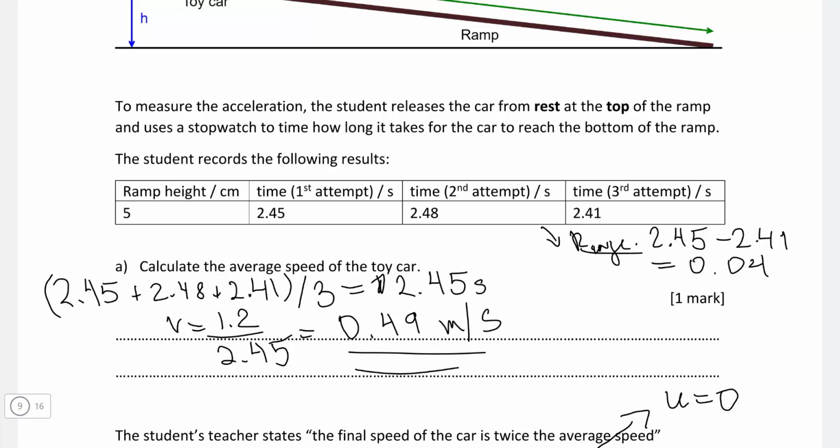Then I'm going to divide that by the average value. So that will be 0.04 divided by 2.45, multiply that by 100 as a percent, and up to one significant figure, that's around 2%.